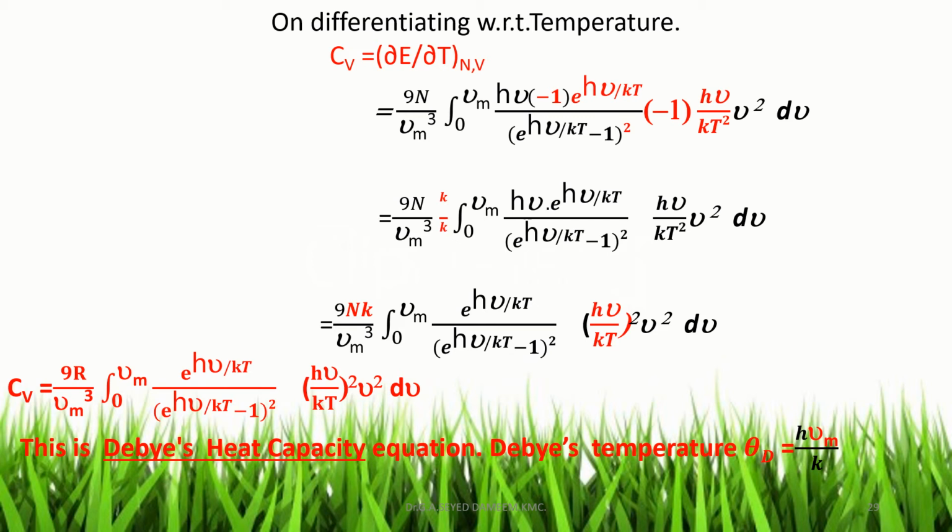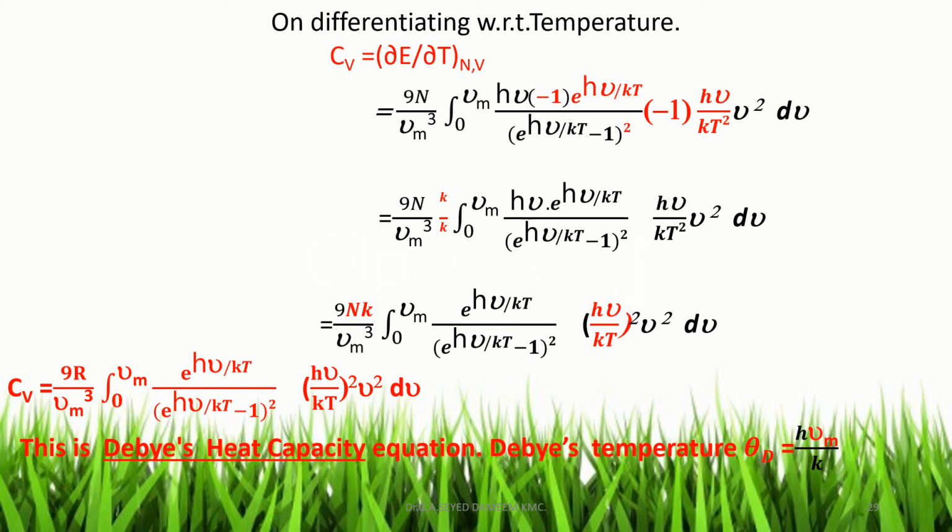Differentiating the above energy equation, that is 9N divided by ν_m³ integral 0 to ν_m, and differentiating 1 by function, that is minus 1 by function square, and hν is already there, so minus 1 by (e^(hν/kT) minus 1) whole square, and differentiating the function e^(hν/kT) minus 1, and differentiating e^(hν/kT), that is e^(hν/kT), and differentiating hν/kT as minus hν/kT², and ν² dν is already there.